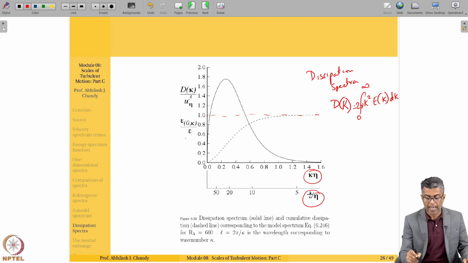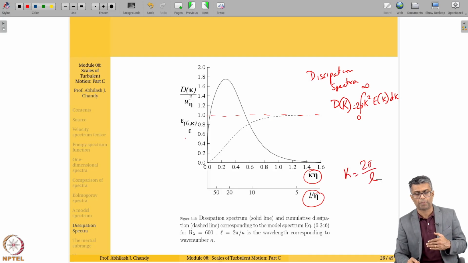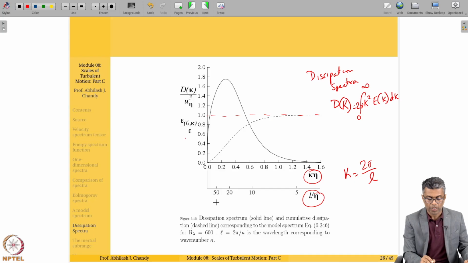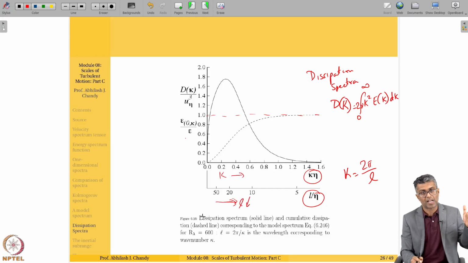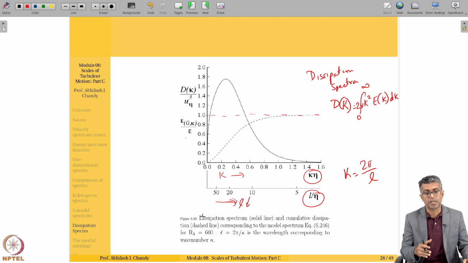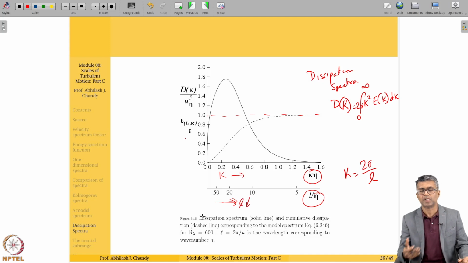We typically write kappa as 2 pi over L. So kappa is inversely proportional to L, of course, and that is why L is decreasing along the x-axis as you go from left to right, whereas kappa is increasing, because L is inversely proportional to kappa.